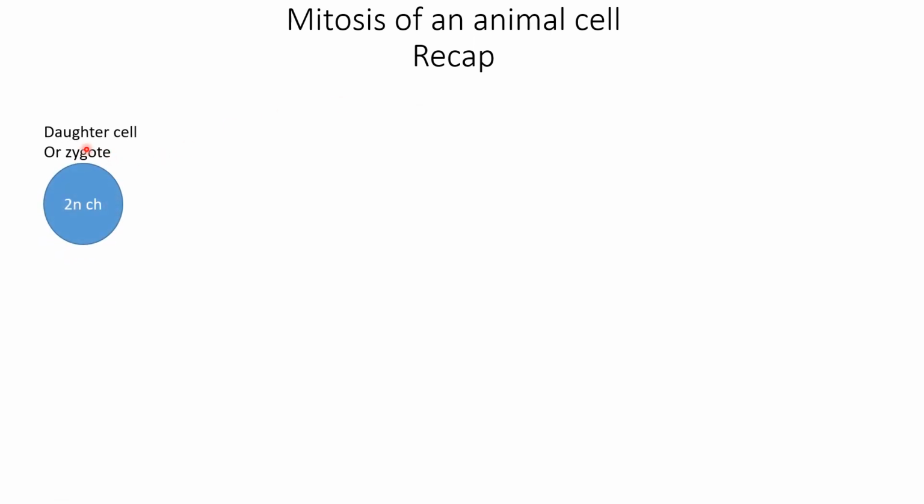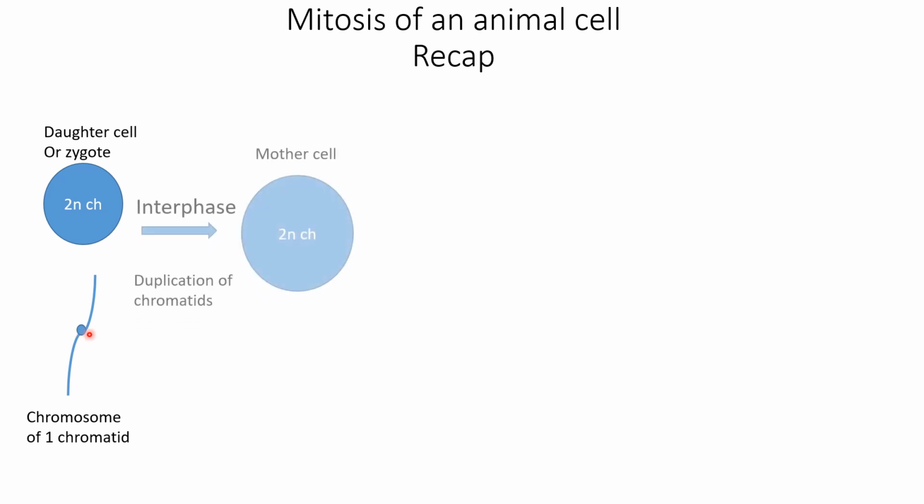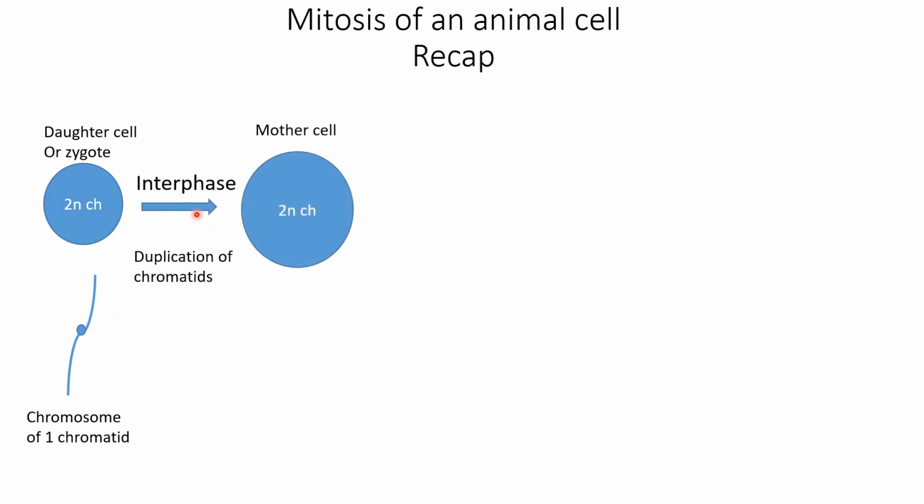A daughter cell, or it could be a zygote with 2N chromosomes. Every chromosome of one chromatid, and you see this chromosome is long and thin with 1 centromere. This daughter cell undergoes interphase during which there is duplication of chromatids and becomes a mother cell, always with 2N chromosomes.